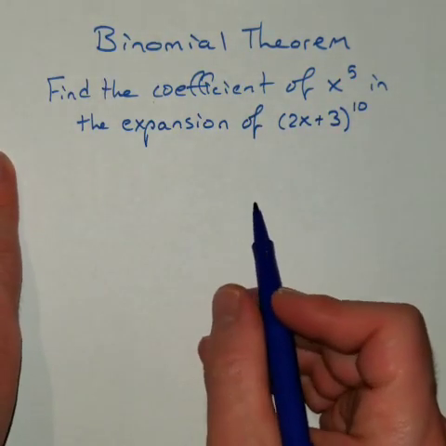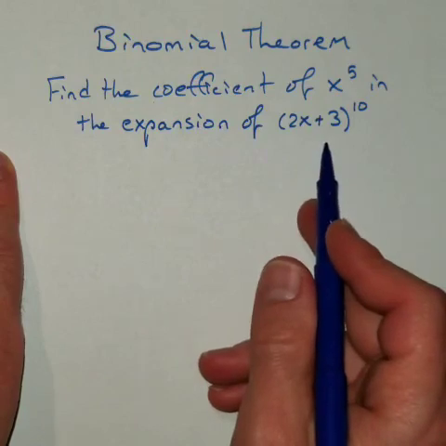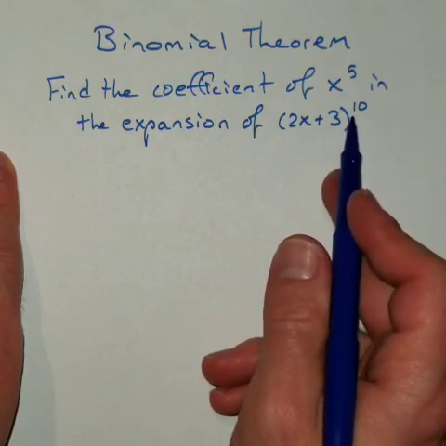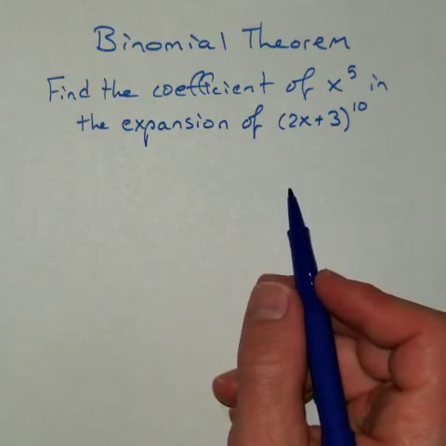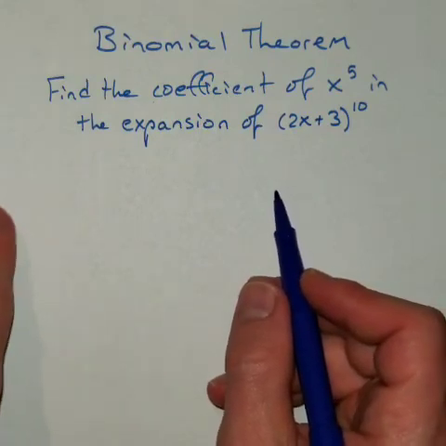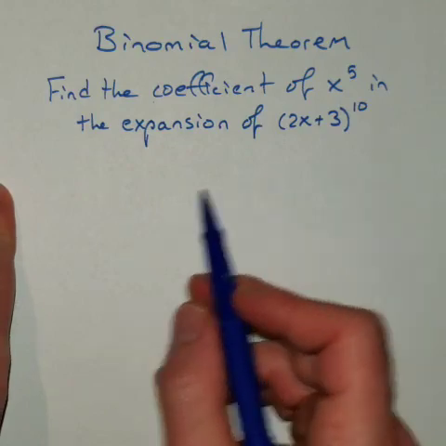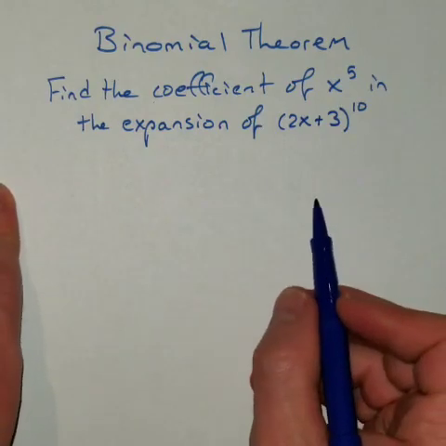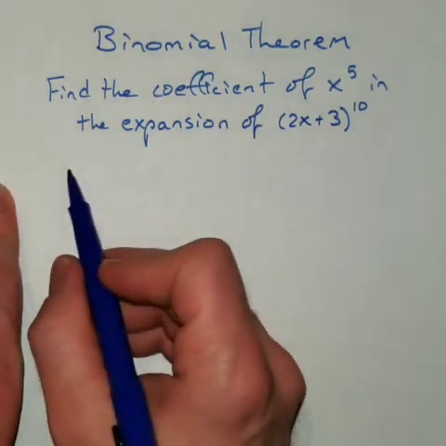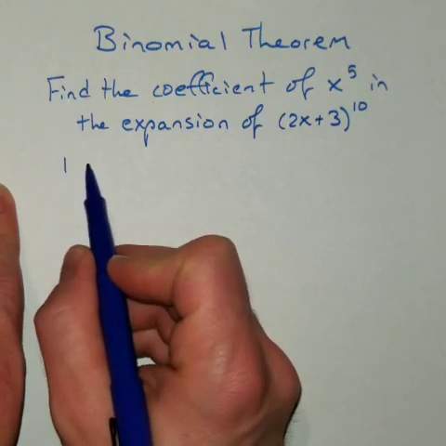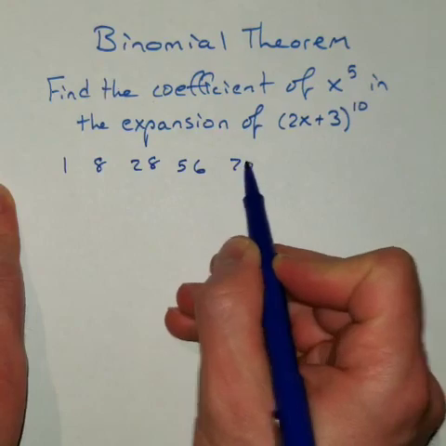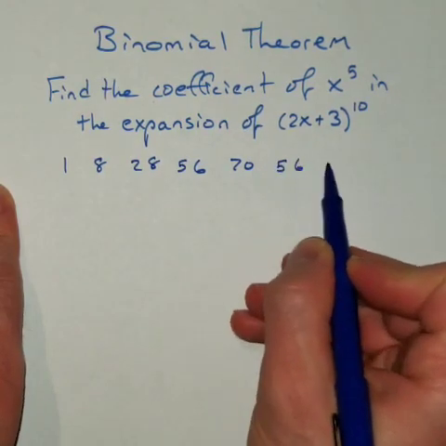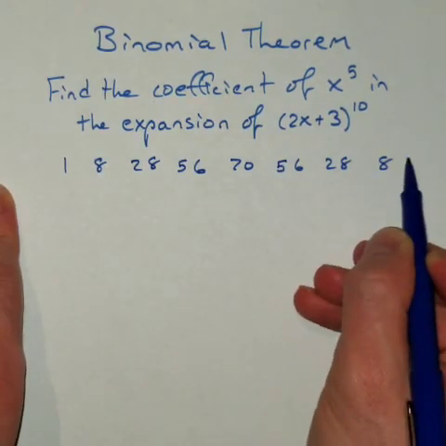So what we need to do is first find the row of Pascal triangle that has a 10 as the second number. Well, in the last video we actually found the row with the 8 in it, so I'll just write that one down and we can add two more rows fairly quickly. So we had 1, 8, 28, 56, 70, 56, 28, 8, and 1.